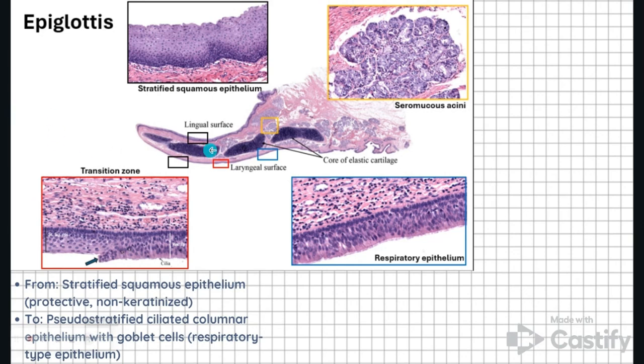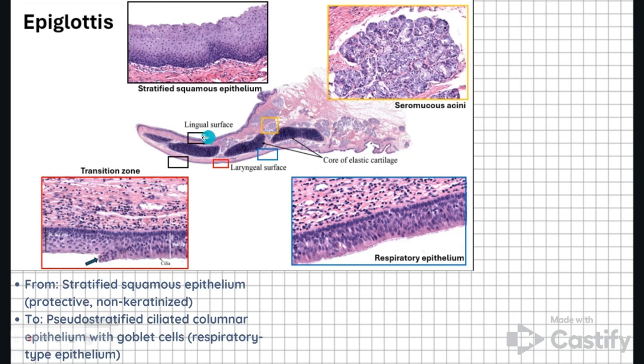Okay? So here we're going to look at the lingual surface. Here we start off with stratified like we said. Okay? And then we're going to continue, same thing here. And here this is where the laryngeal surface starts. And this is where the transition happens. So now we're going to switch from stratified squamous, we're going to have what? Pseudostratified ciliated here. Okay? The respiratory epithelium is going to start here. This is the top, okay?